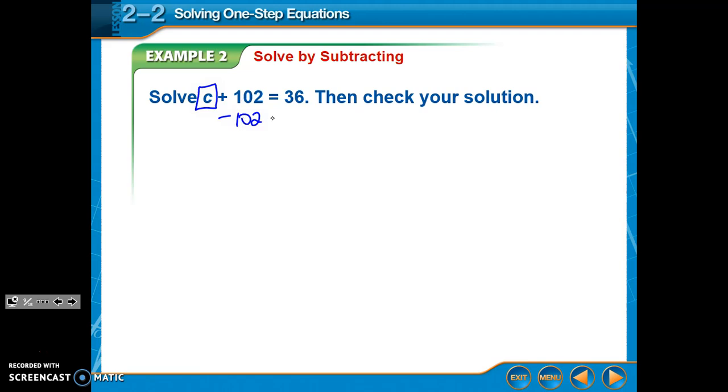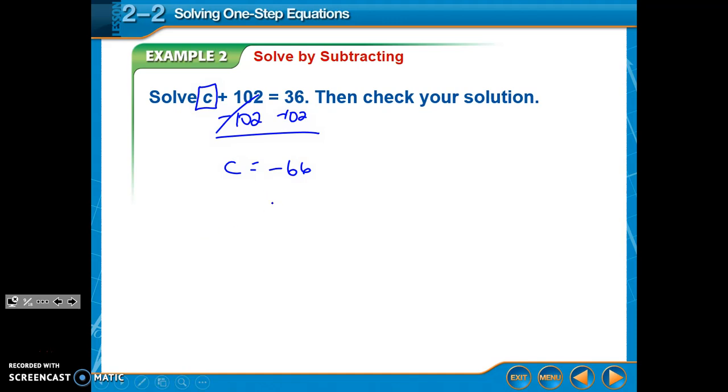But like we said, anytime you do one thing to one side of the equation, you also have to do the same thing to the other side. So I'm also going to do minus 102 over here. So here they cancel, and I get c. And on the other side, I have 36 minus 102, and I get negative 66.